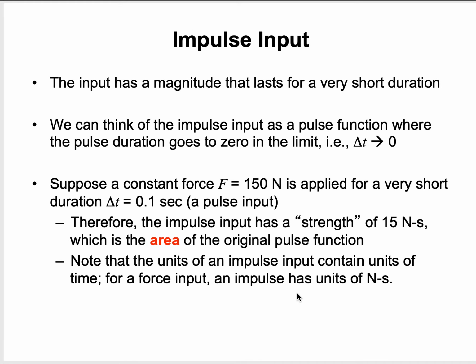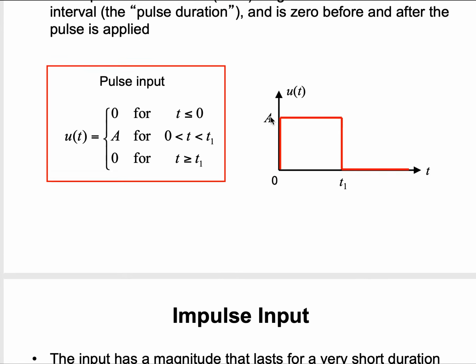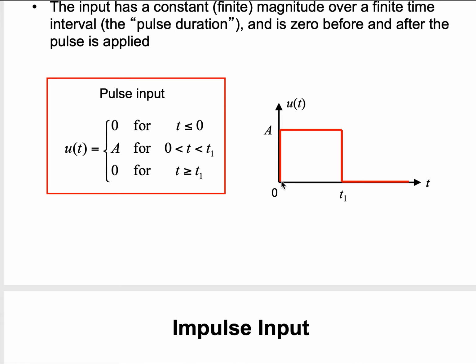Impulse input. The input has a magnitude that lasts a very short duration. What is an impulse? It's a pulse function where the pulse duration goes to 0 in the limit. For example, if that 0 to t1 interval is very close to 0, but I have the same area, then the magnitude must be very high.